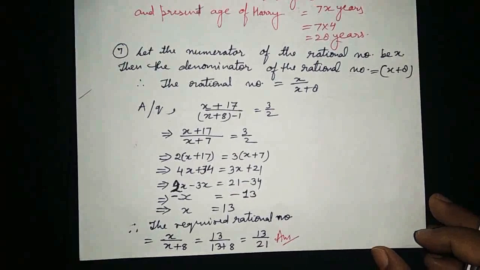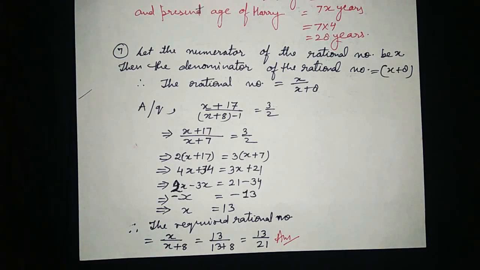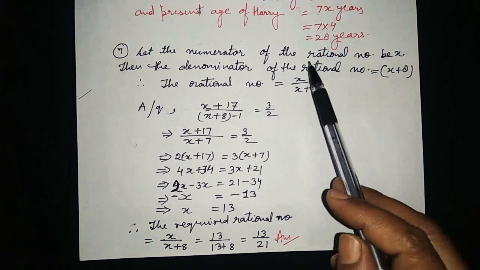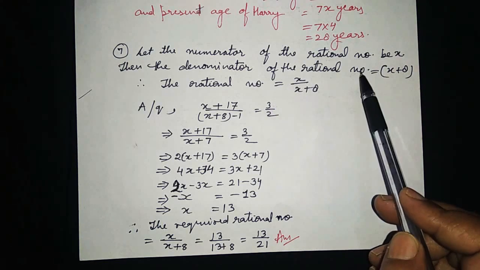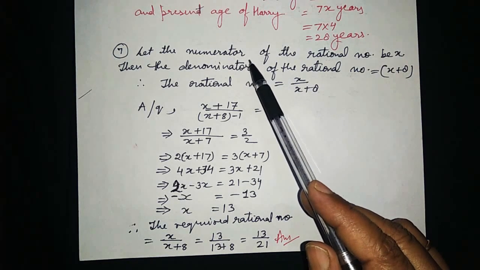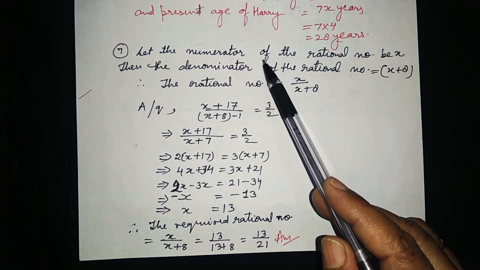Here we do not know the numerator of the number. So first we will assume the numerator, because in the first sentence you can see the denominator of a rational number is greater than its numerator by 8. When we know what the numerator is, then we can talk about the denominator.